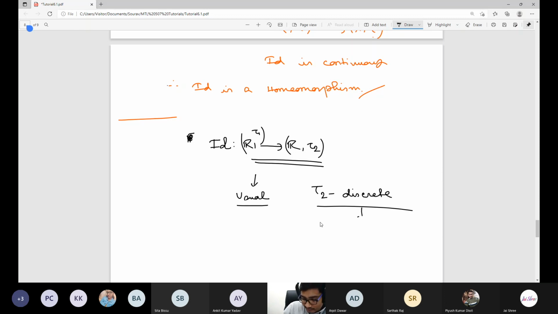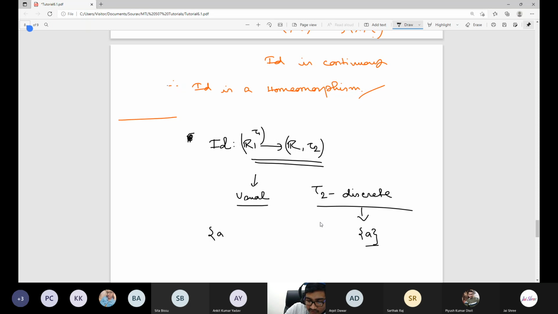What are the open sets here? Every set is open here, right? Yes, sir. So take a singleton set, say A, which is open here, but what is its inverse image?